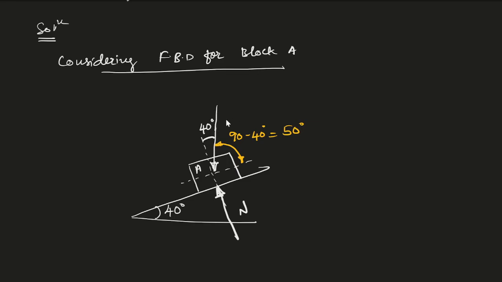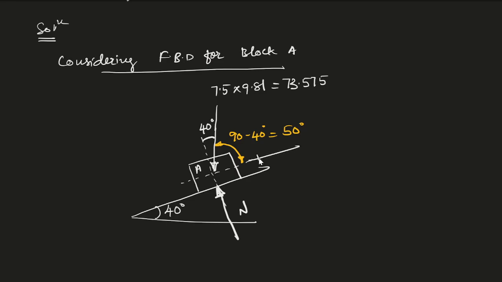So it is an inclined force, and we can resolve it. The weight of block A is 7.5 kg into 9.81. If I multiply 7.5 into 9.81, this gives me 73.575. I'm going to resolve this force into two components.